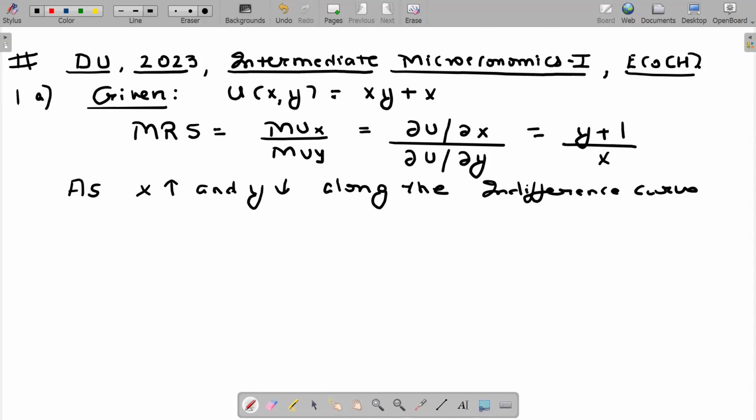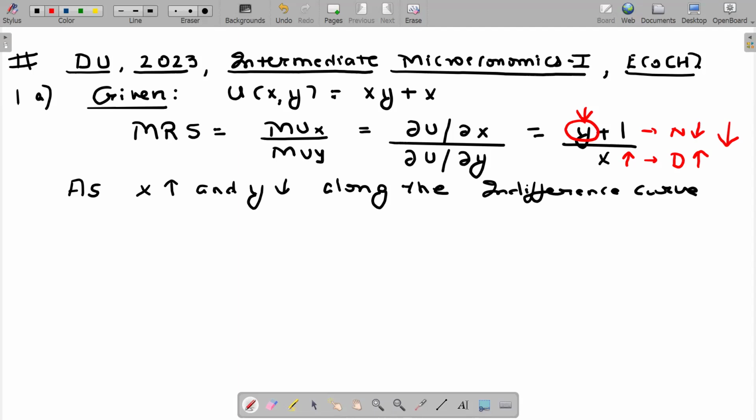Students can clearly see as I increase x and as I reduce y, if I increase x, my denominator will increase. If I reduce y, my numerator will decrease. If my numerator is falling and denominator is increasing, the whole fraction falls. That means my MRS falls.